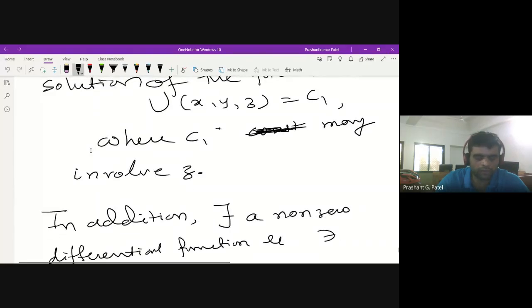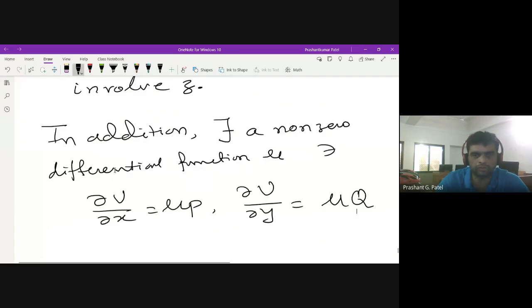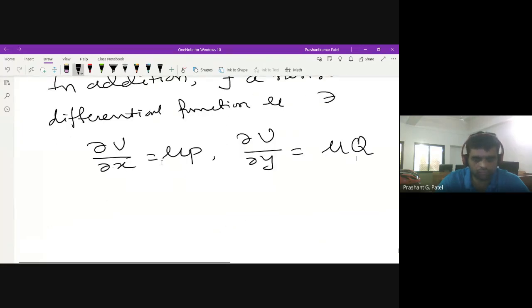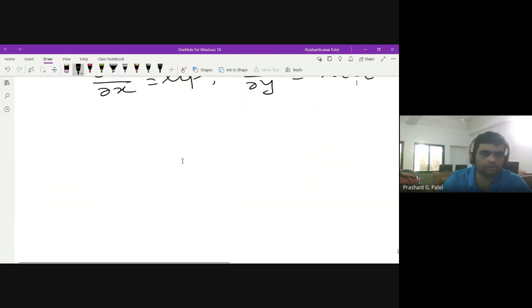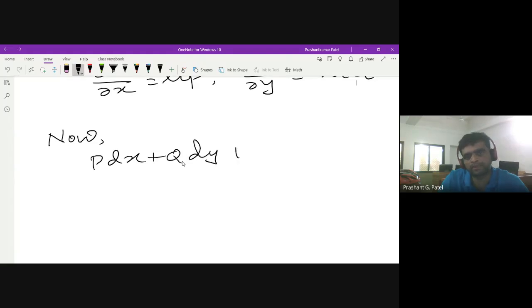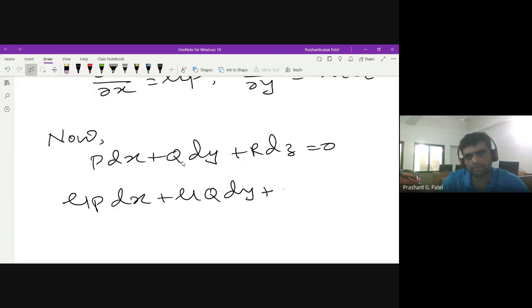Now, if you substitute this value, del u by del x equals mu P, del u by del y equals mu Q, into equation 1, I'll start with this. Now P dx plus Q dy plus R dz is there. So we multiply with mu here. So mu P dx plus mu Q dy plus mu R dz is there.